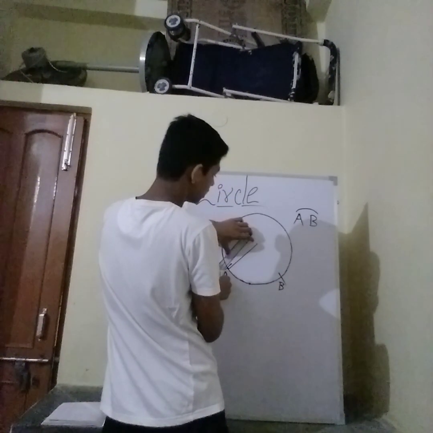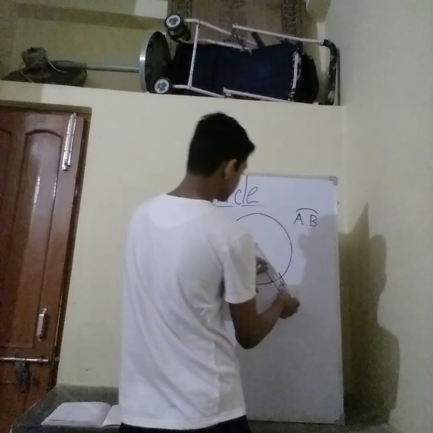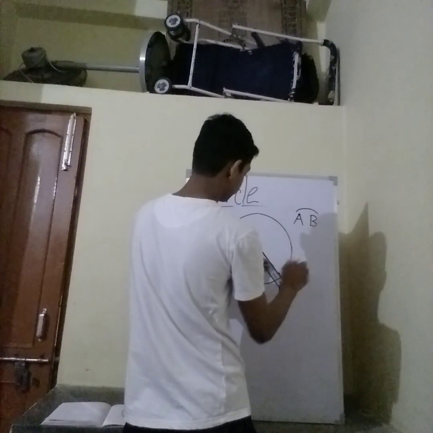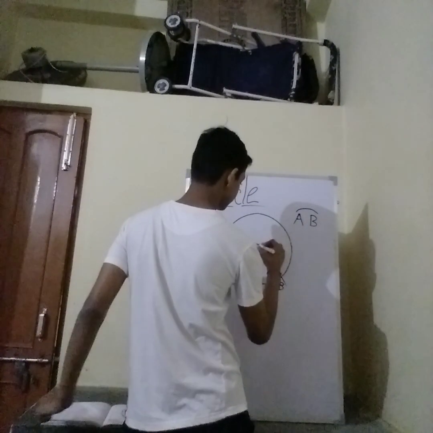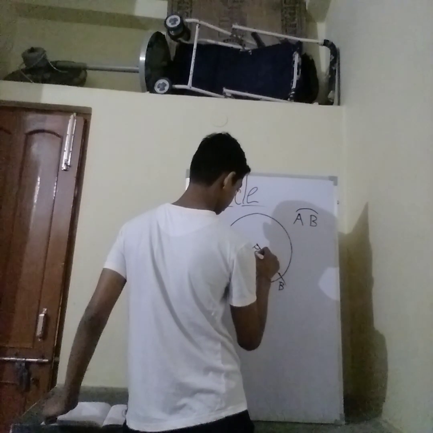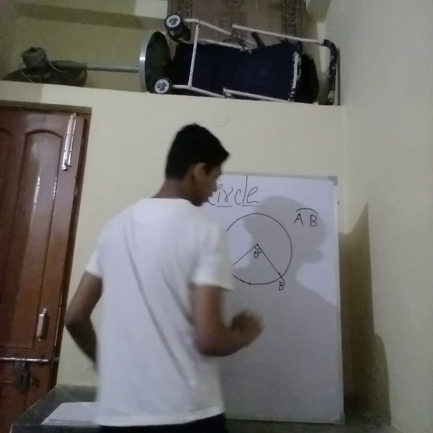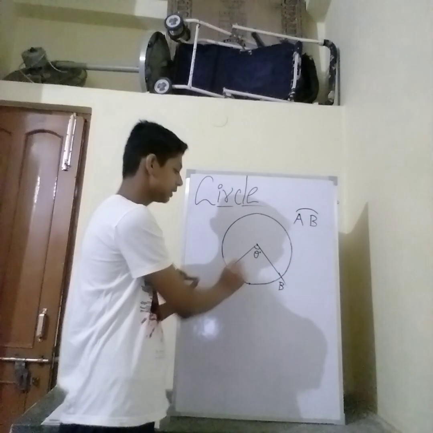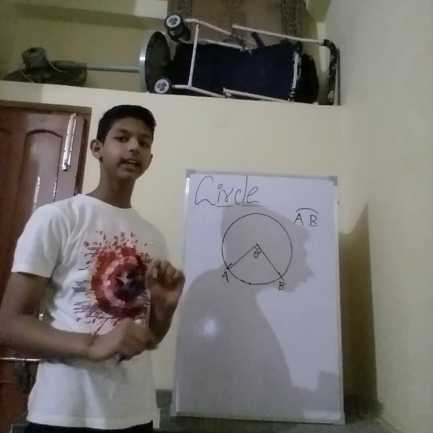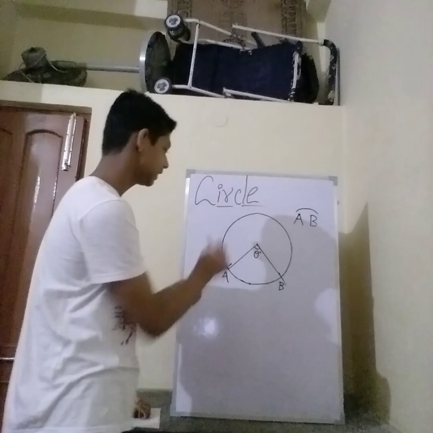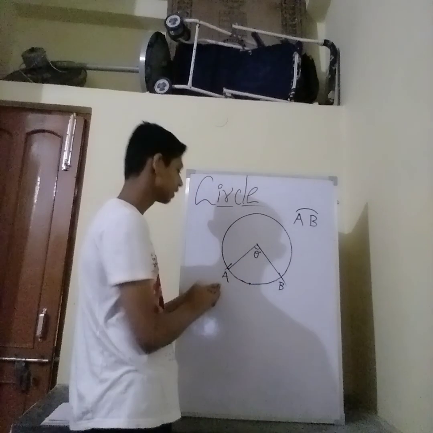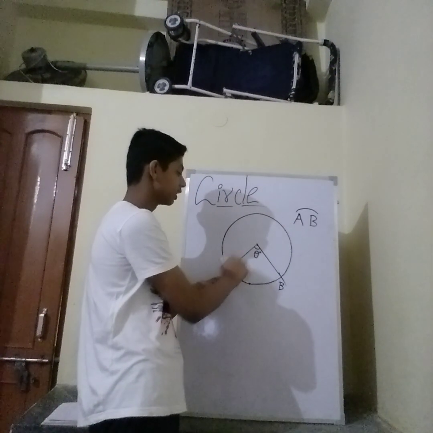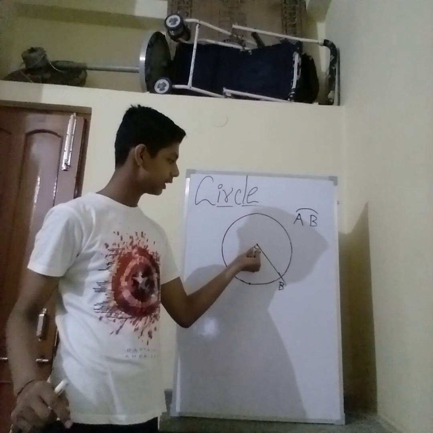First of all, join the two points of the arc with the center. Then this angle will be the degree measure of this arc. So we can conclude that the degree measure of an arc is obtained by joining the two distinct points of the arc with the center and calculating its angle.